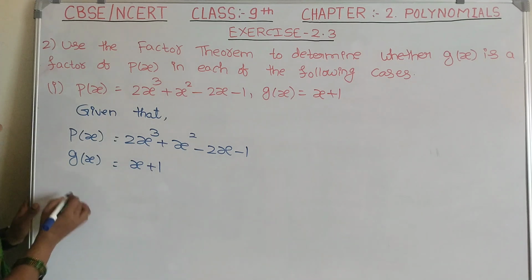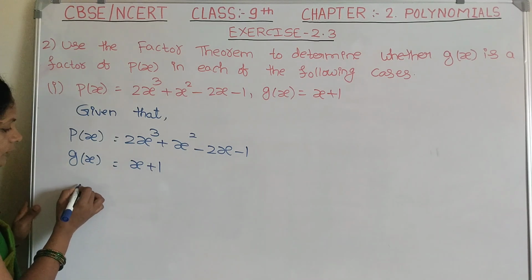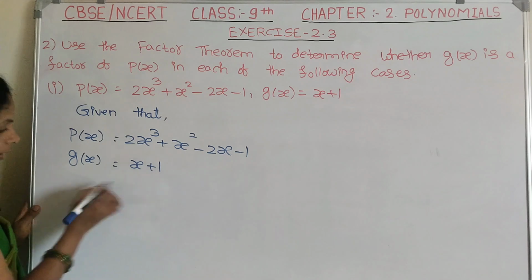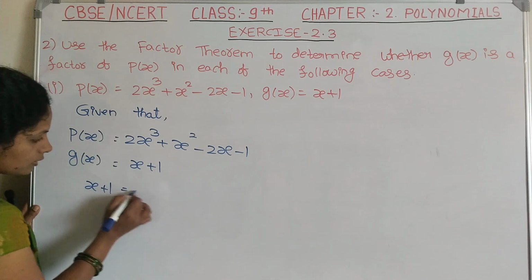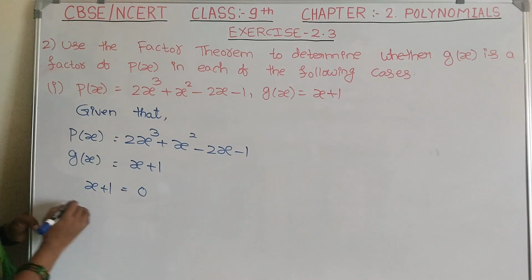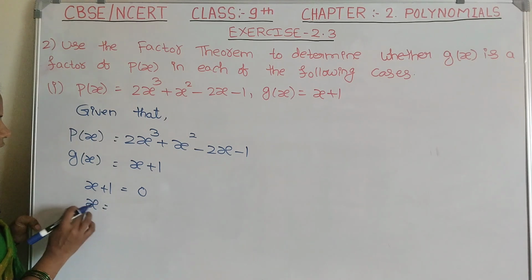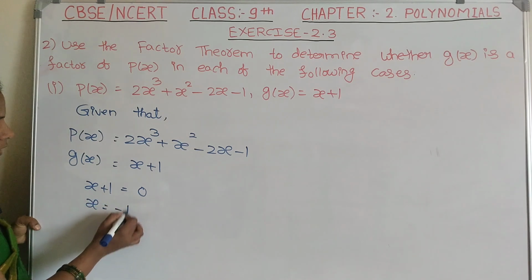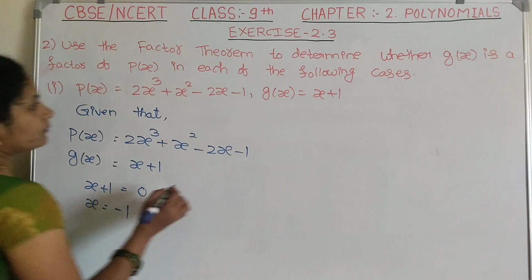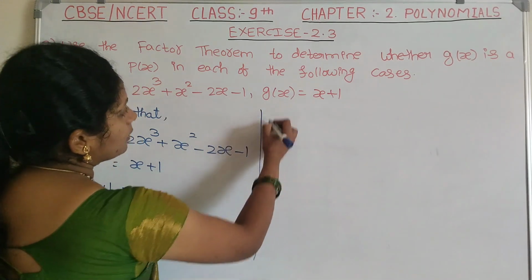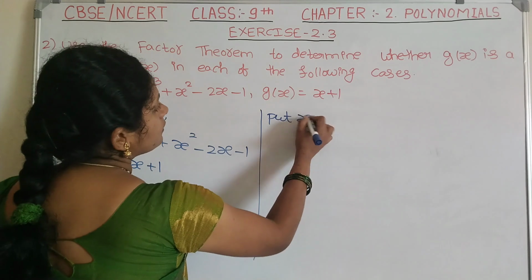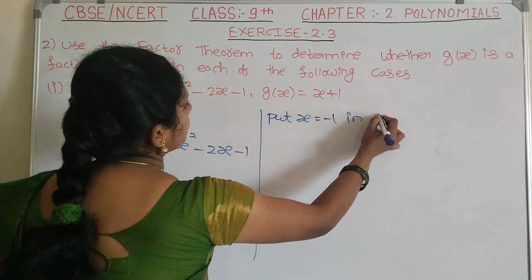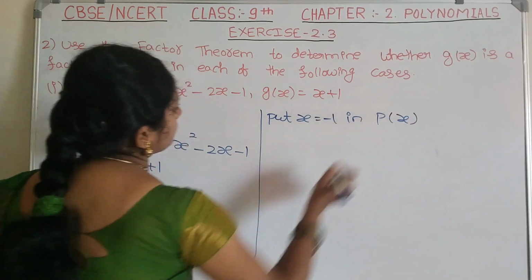For that, we have to equate this x plus 1 to 0. x is equal to minus 1. Put x is equal to minus 1 in p of x.